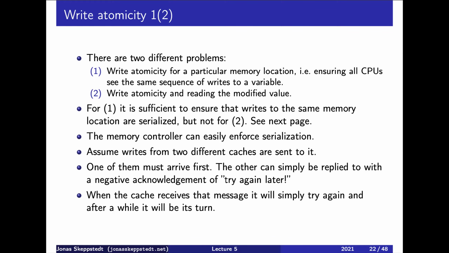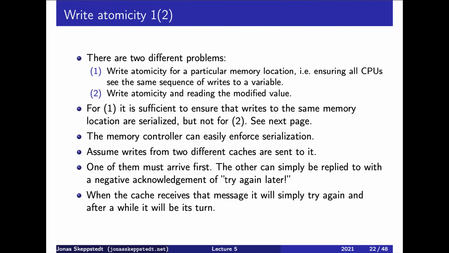And if the memory would allow that read to proceed, then we have violated the second point here, since it would allow reading of the modified value before the write had completed. So that is not permitted.